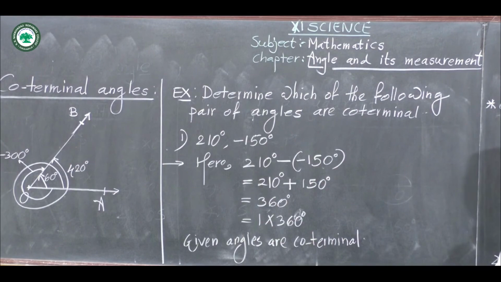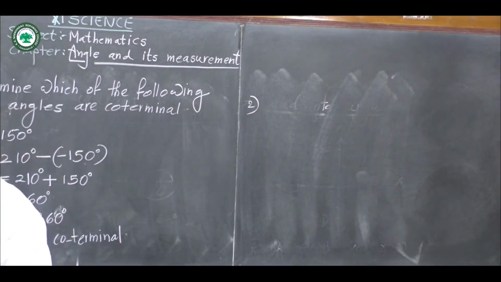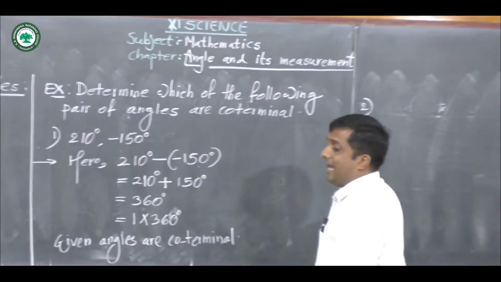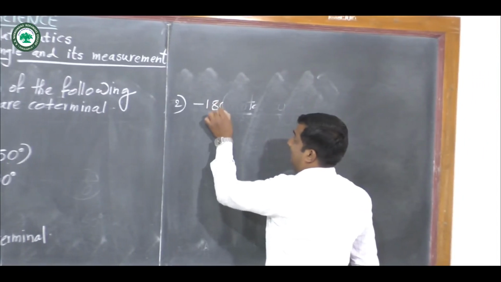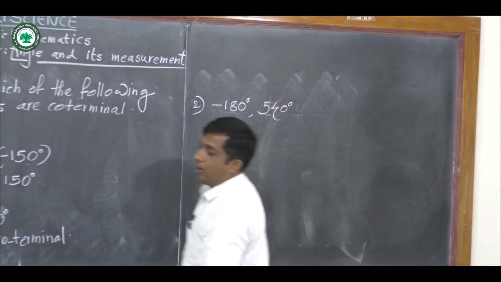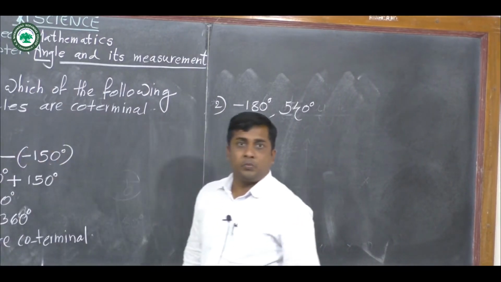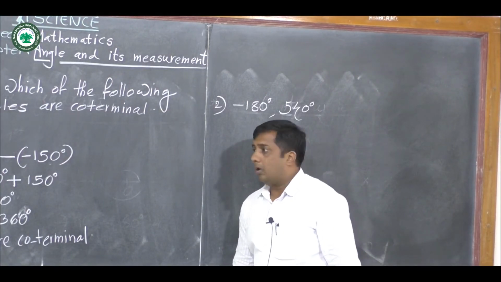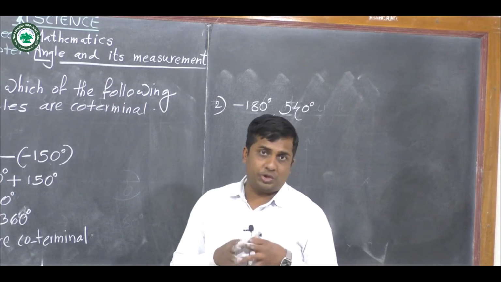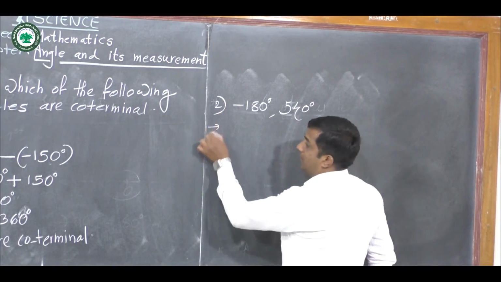Let's go with the second example. Here in the second we consider minus 180 degrees and 540 degrees. Again, to check whether these two are coterminal or not, we consider the difference between these two angles.